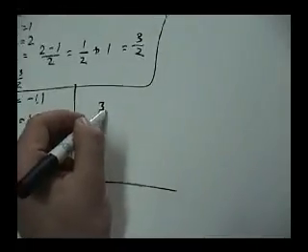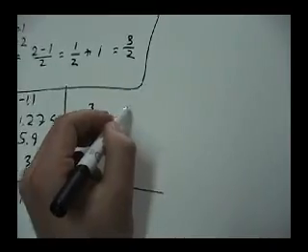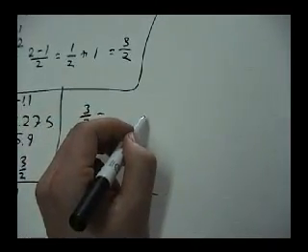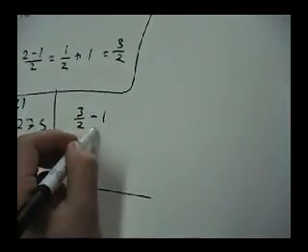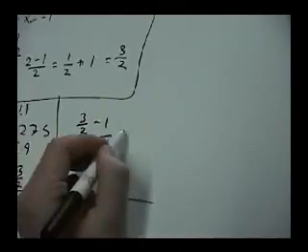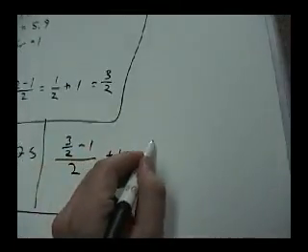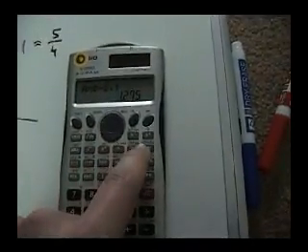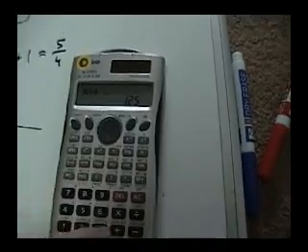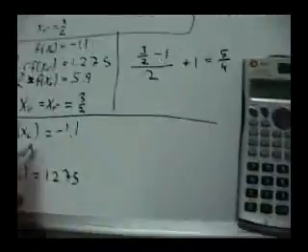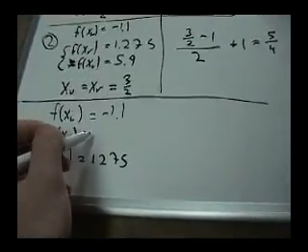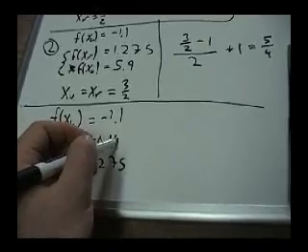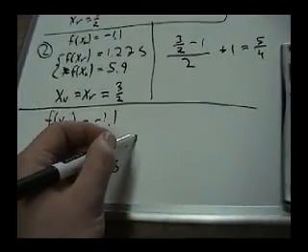So our new xr is 3 halves minus our x lower, which is 1, over 2 plus our x lower, 5/4, I believe. I hope I did that right. So we're going to calculate f of xr, which is f of 5/4. So 5/4 cubed minus 2.1 is this very small negative value, negative 0.146875.